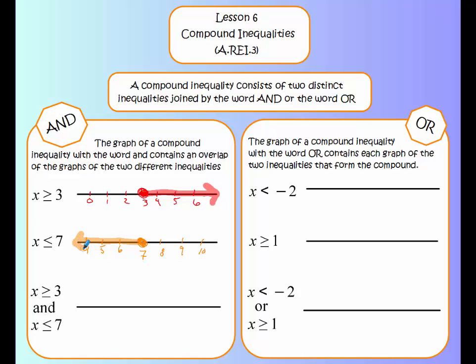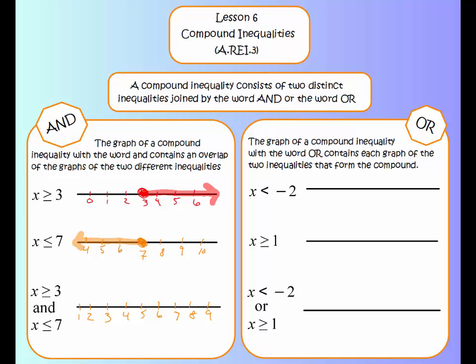So if I want both x greater than or equal to 3 and x less than or equal to 7, let's see what I have. Let me put 3 over here. 3, 2, 1, 4, 5, 6, 7, 8, 9. So let me graph the first one.